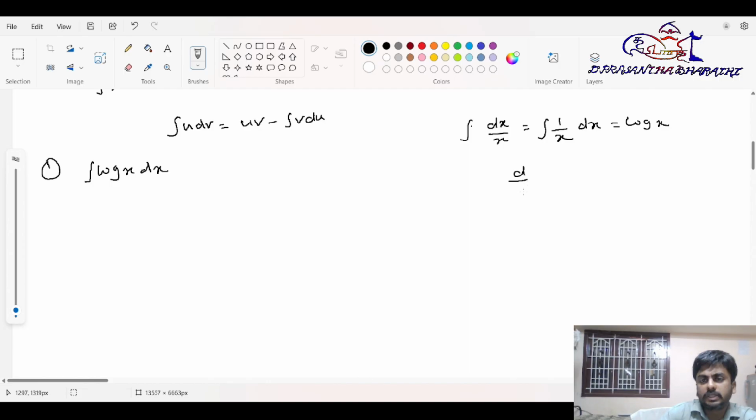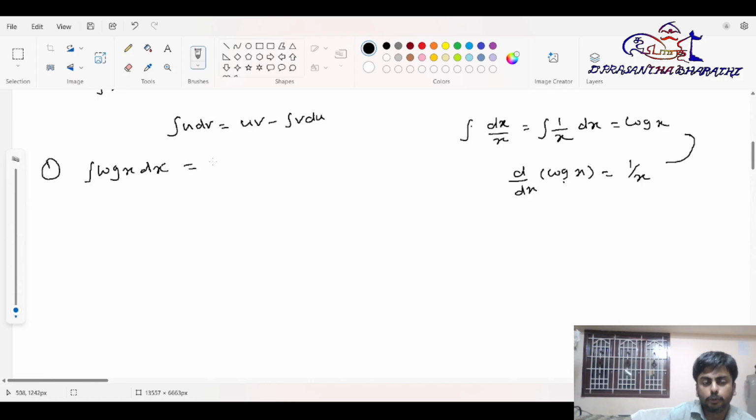So the differentiation d by dx of log x equals 1 by x, and the integration of 1 by x equals log x. Students are very familiar with this, but sometimes they get confused. Instead of asking the integration of 1 by x, if in the examination the students have to face the integration of log x dx, they are not familiar with the formula. So how do you solve it when you are not familiar with the formula?